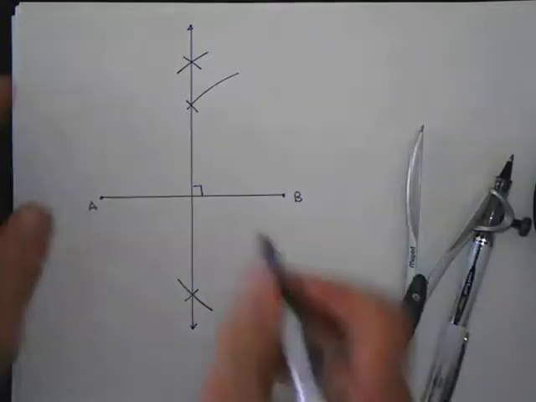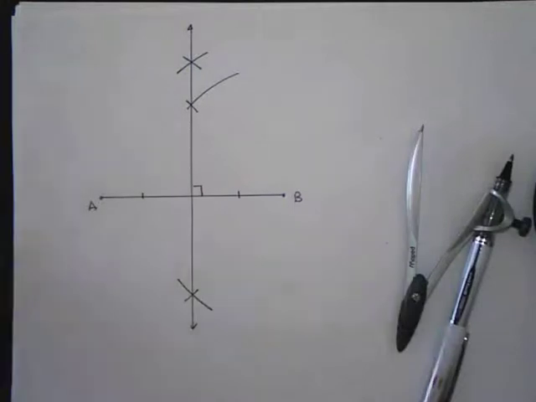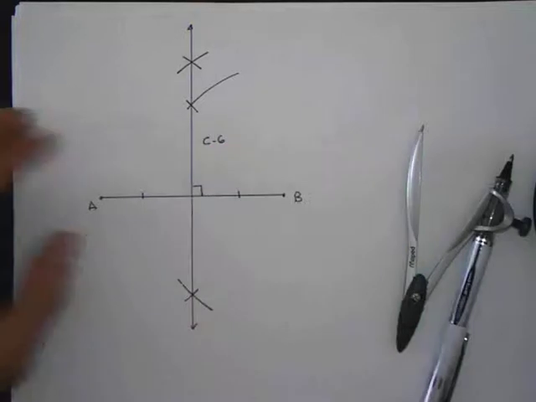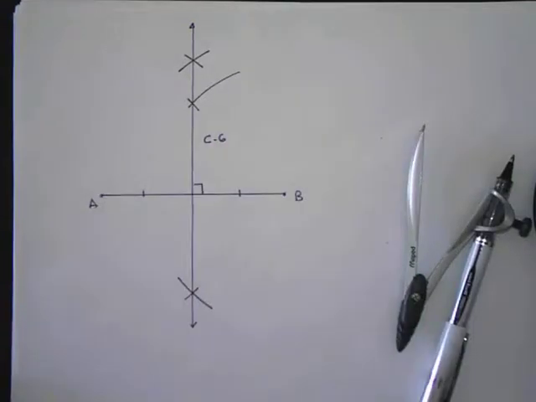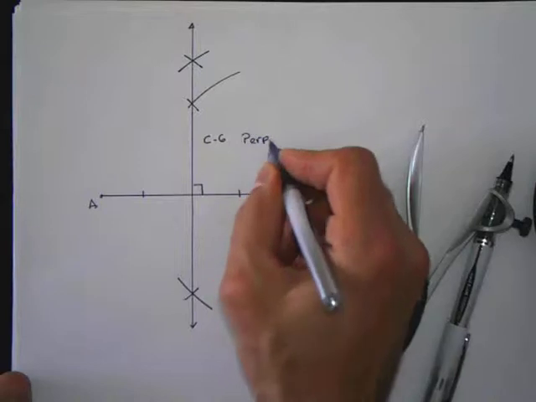So it turns out this is not only perpendicular, it is a perpendicular bisector. So that's what conjecture 6 is getting at. Converse of the perpendicular bisector conjecture. If a point is equidistant from the endpoints of a segment, then it is on the perpendicular bisector of the segment.